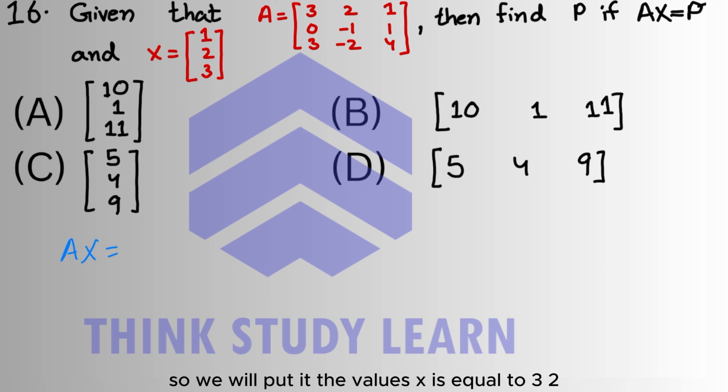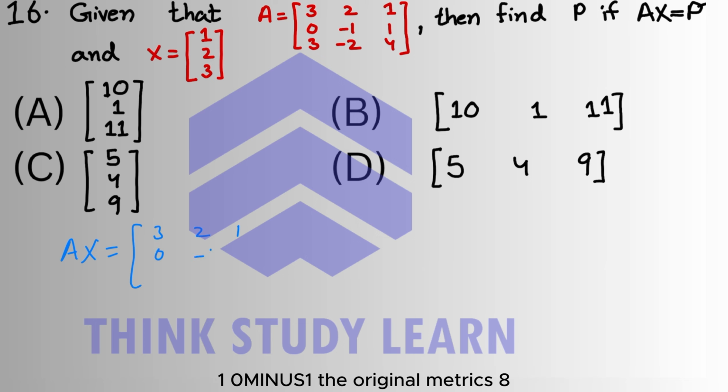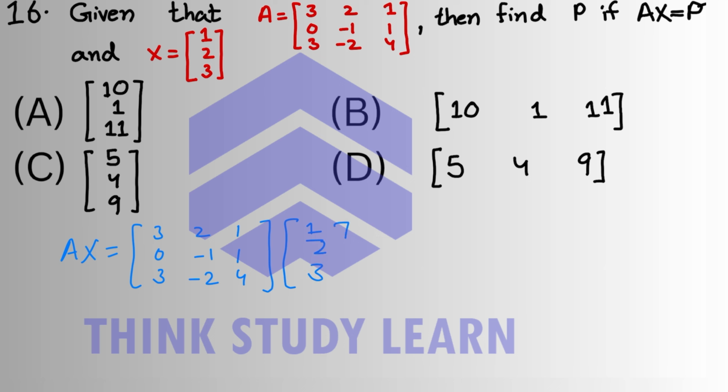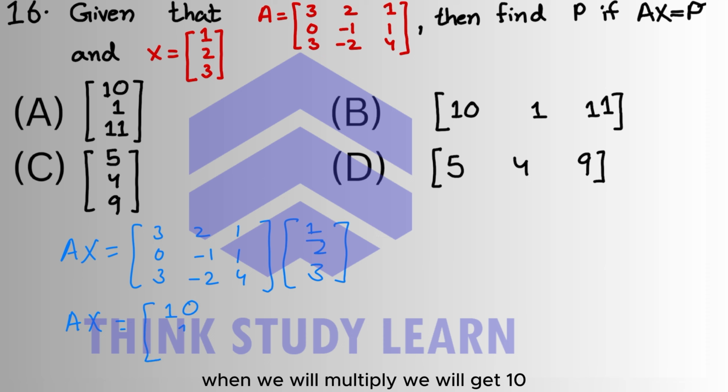AX is equal to the original matrix A and X. We will multiply these matrices, and when we multiply them, we will get 10, 1 and 11 in a column matrix. So P will be 10, 1 and 11 in a column matrix. A option is the required answer.